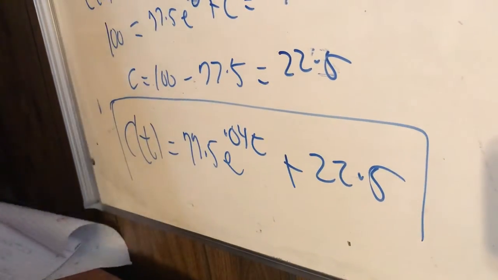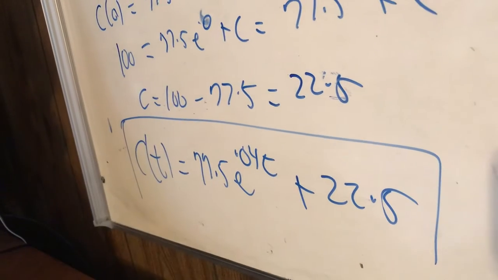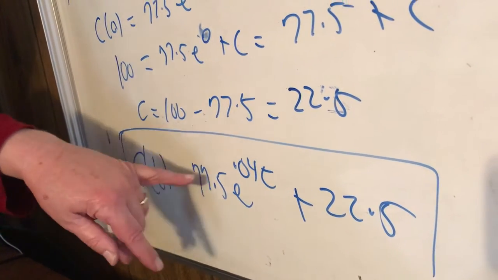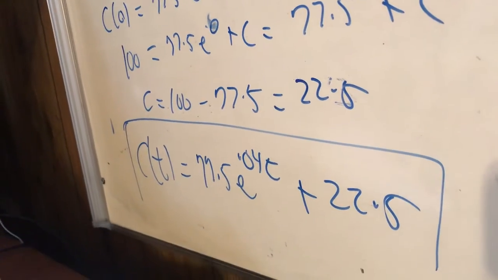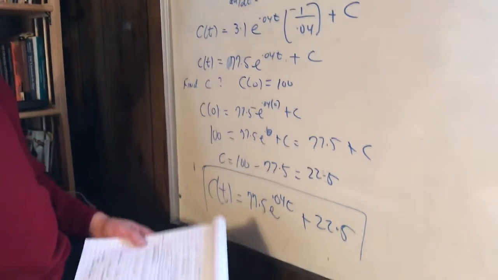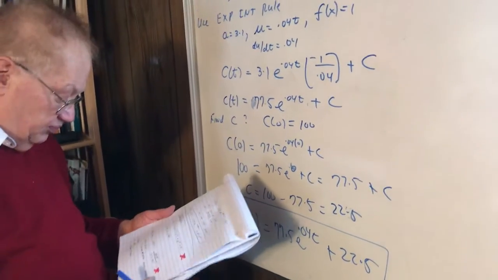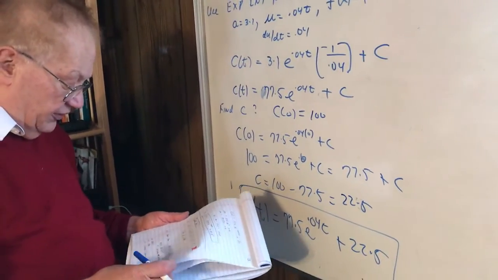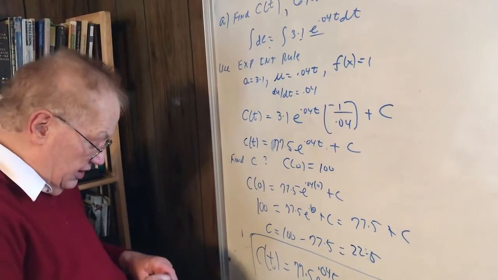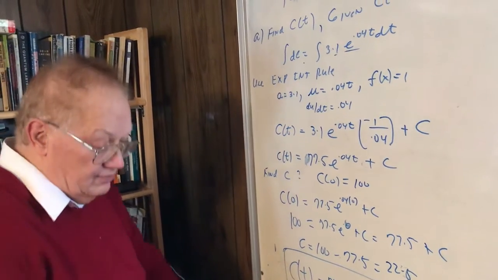And that's what you need. They could ask you to find the cost at a particular time. You just put in time for t. If t was 10, you put in 10 here and 10 here. All right. That's one of the ones that people had trouble with on quiz 7.